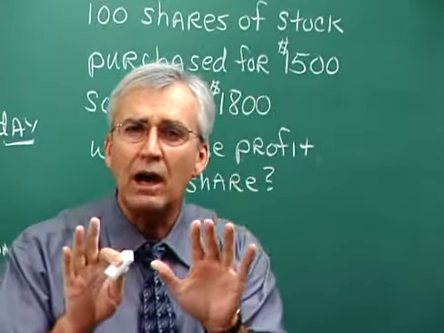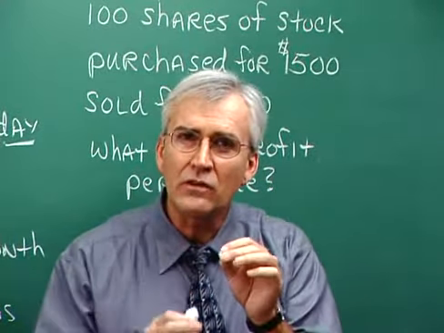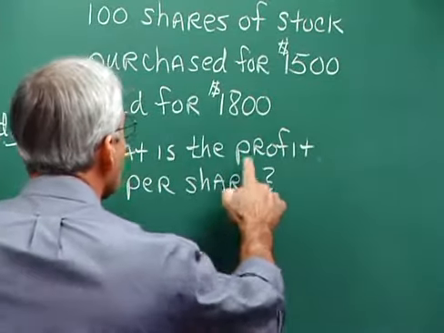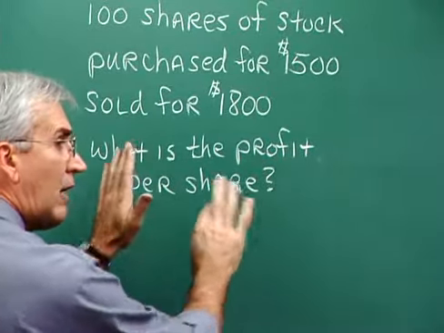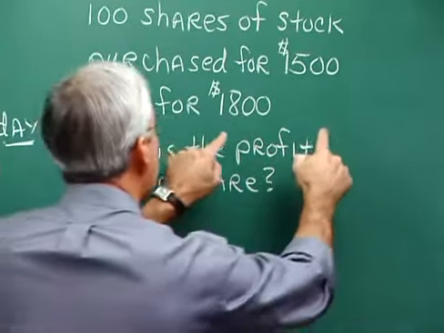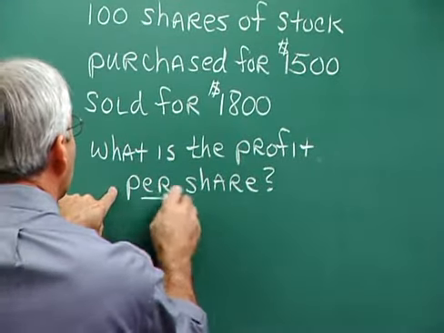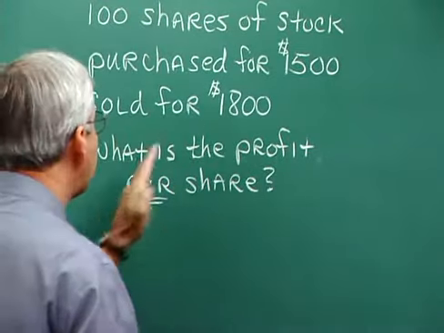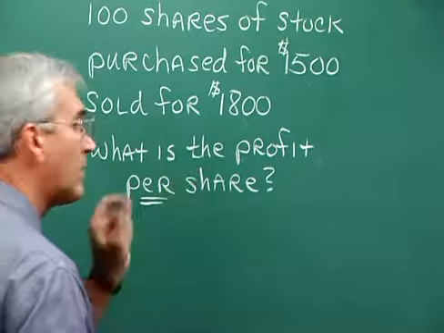So just think about, there's a clue here for what needs to be divided into what by virtue of this profit per share. This part of the problem is telling us how to go through the division process. It is take the amount of the profit and divide by the number of shares. You see, profit per share means take the profit number and divide by the number of shares.